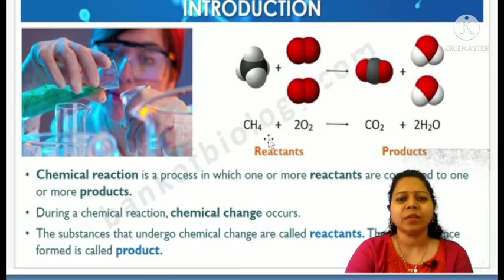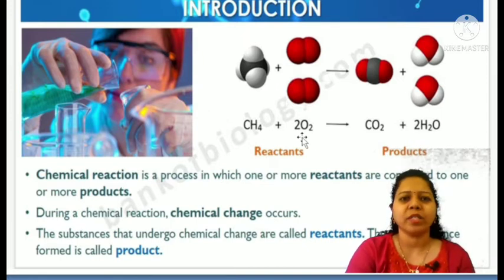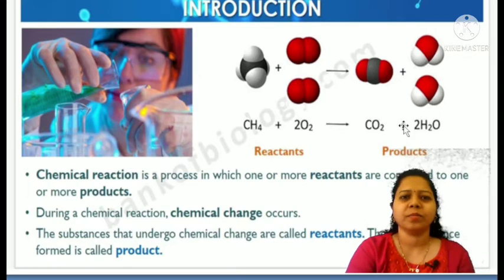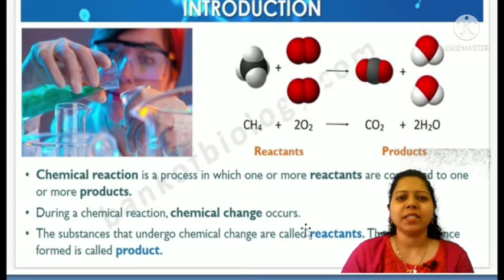In this reaction, methane and oxygen react with each other, that's why they are known as the reactants of this reaction. They react to form two newly formed substances, CO2 and H2O, so CO2 and H2O are the products of this reaction. And this arrow indicates the direction of chemical change.